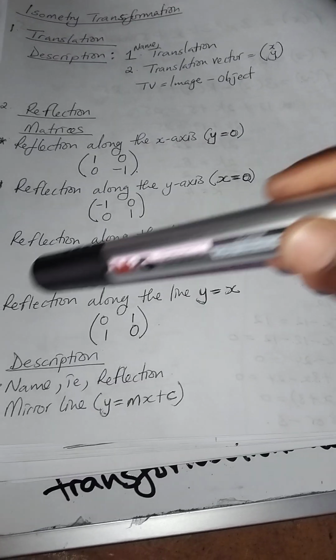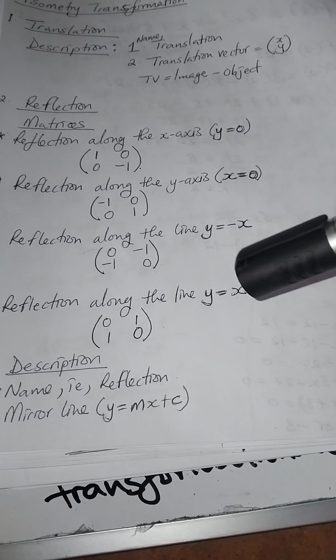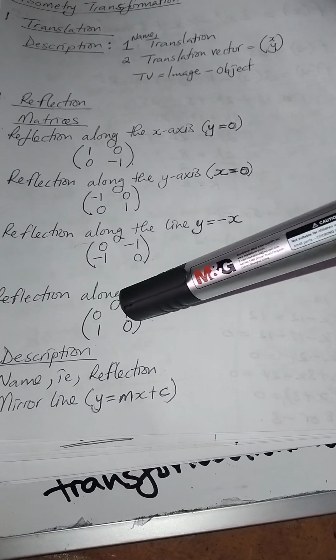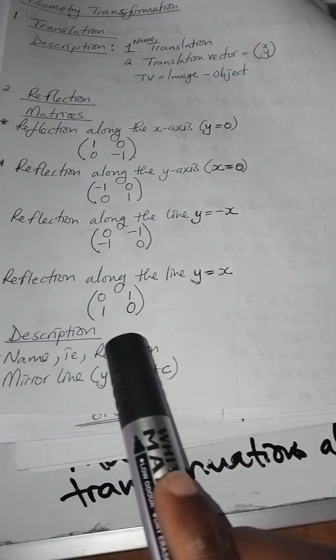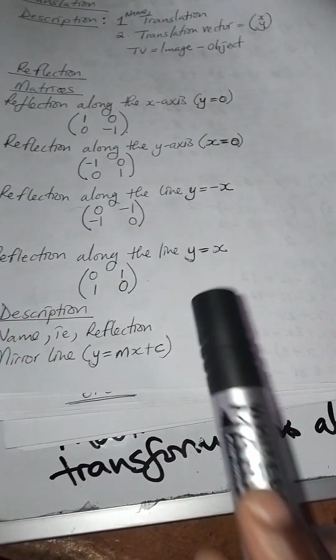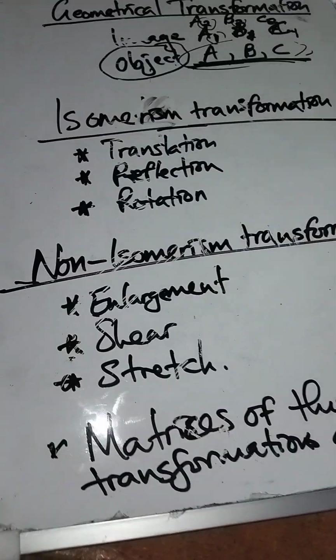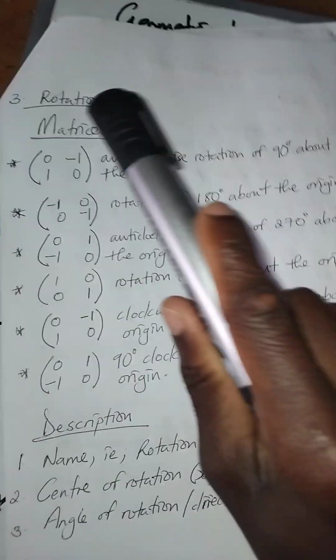Reflection along the line y is equal to x. So description, how to describe a reflection. Number 1, name a reflection. Number 2, mirror line y is equal to mx plus c.